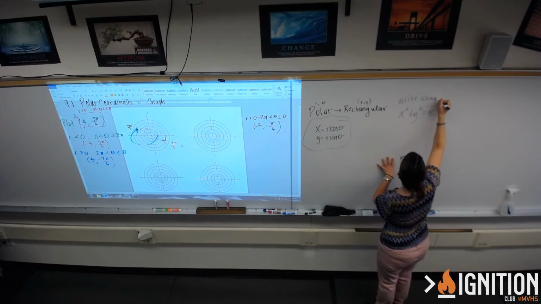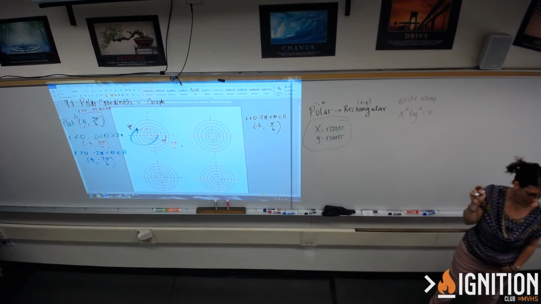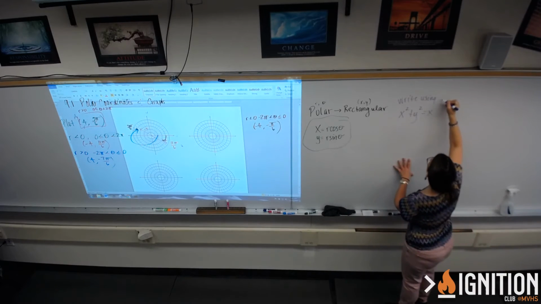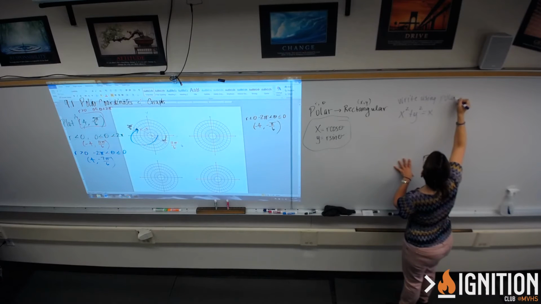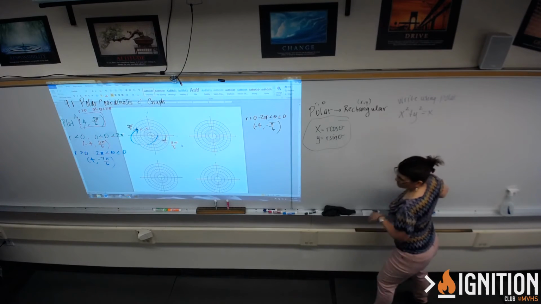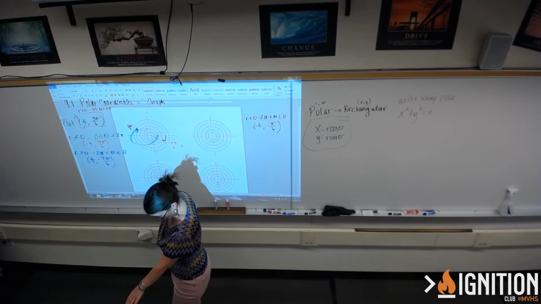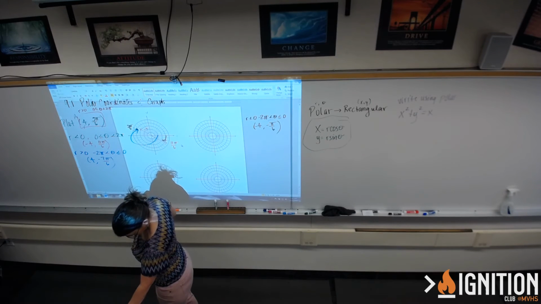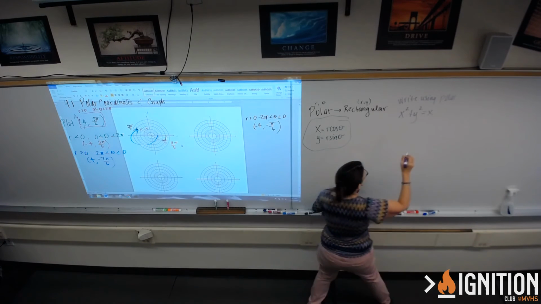How do you know that you're currently in rectangular? X and Y. Polar coordinates or polar values, what do they say? I want to use the same language they use.